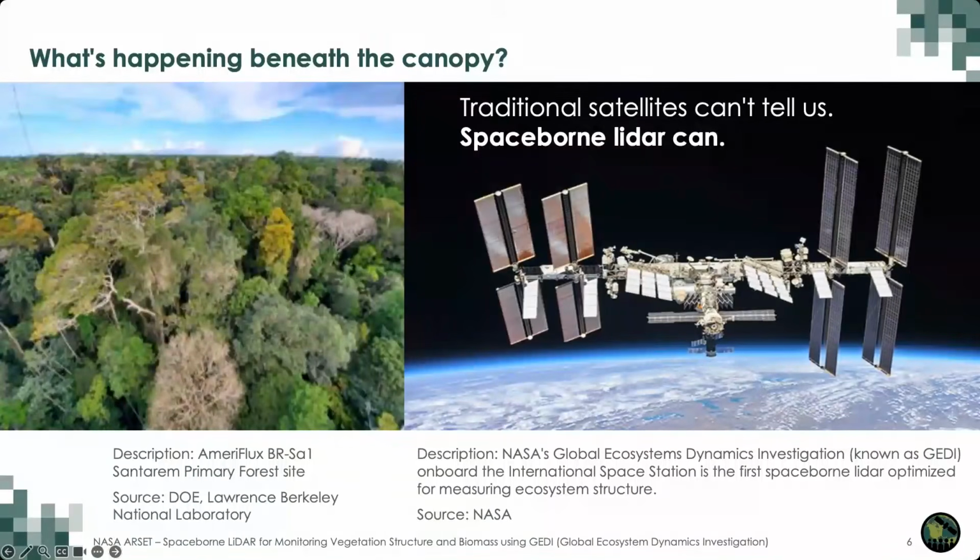Spaceborne LiDAR can do this. Spaceborne LiDAR instruments, such as NASA's Global Ecosystem Dynamics Investigation, known as GEDI, measure forest structure across over 20 billion locations on Earth. Today, you'll learn to use this data.